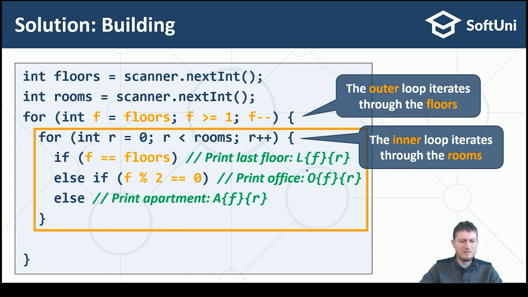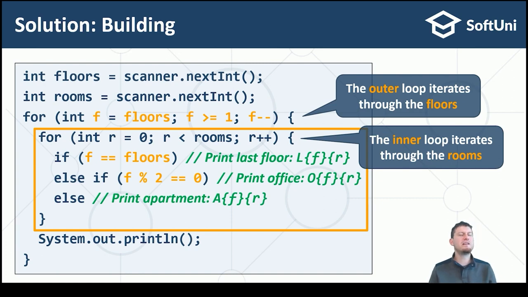If we have even floor, otherwise this is else if, we'll print the office. Finally, otherwise we'll print apartment, and this is very simple, I believe, and we print a new line after we print all the rooms from the current floor.